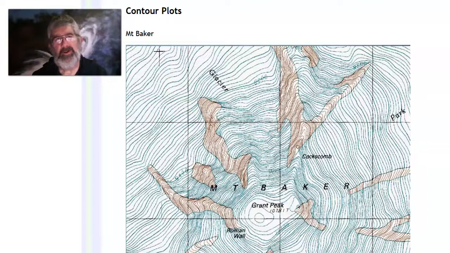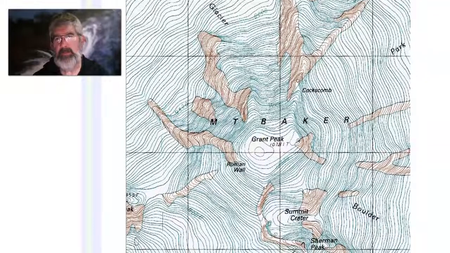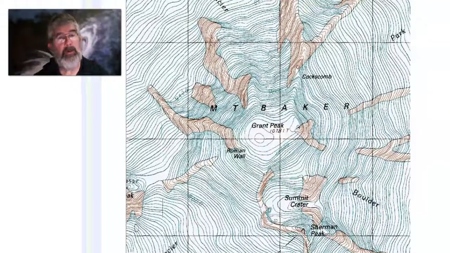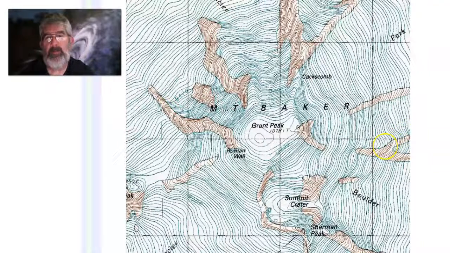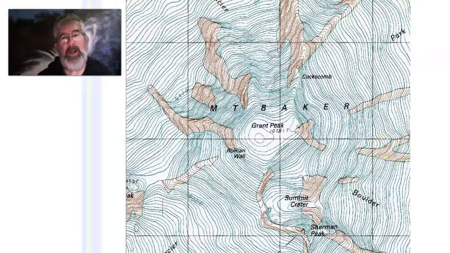In this video, I want to introduce you to the notion of contour plots, or sometimes called level curve plots. Now, you may well be familiar with topographic maps. These are maps that show the terrain. There are all these lines drawn on it, and these lines are lines of constant elevation.